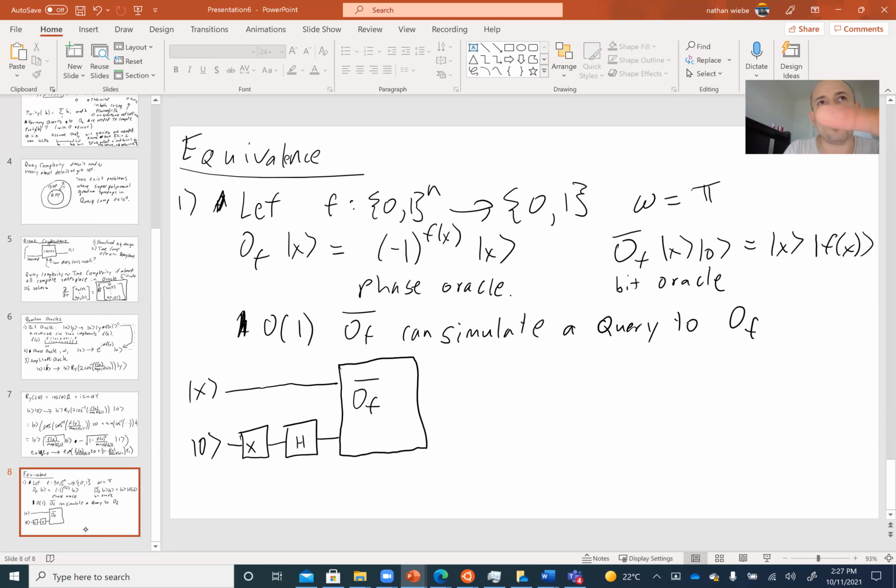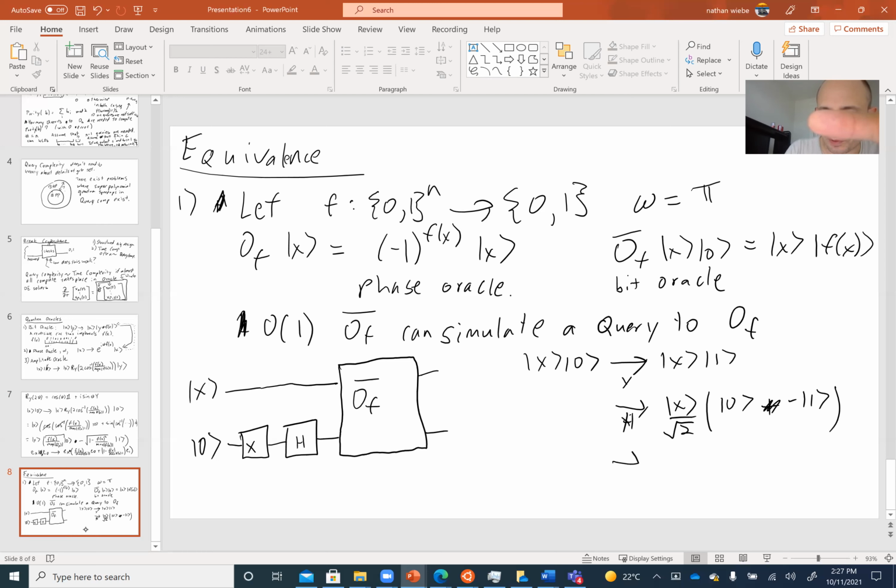Now, when we've done that, well, actually, let's just work out this part first. So going through it, we have |x,0⟩ with the NOT gate. This is going to map to |x,1⟩. Now we apply the Hadamard, and this is going to map to |x⟩ (|0⟩ - |1⟩)/√2.